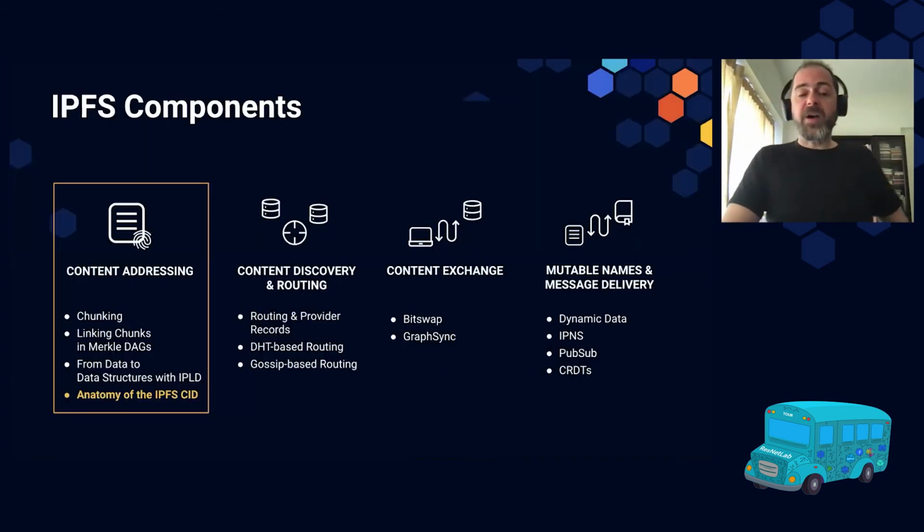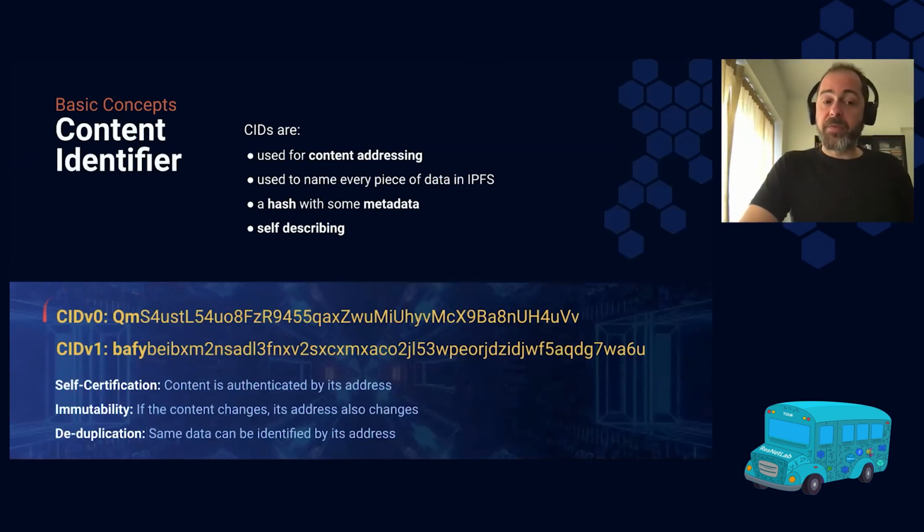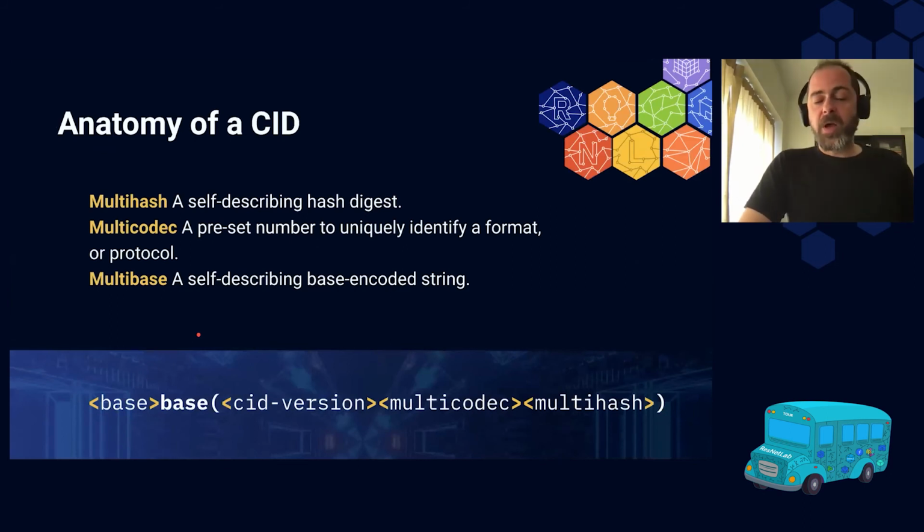Now, let's go to the final part on the anatomy of the IPFS CID, summarize all of the things that we have seen, and see how the IPFS CID uses them. So we have seen that the CID looks something like this. Let's see in more detail what it can be broken down into. The parts are shown down here: a multihash, a multicodec, a CID version, and a multibase.